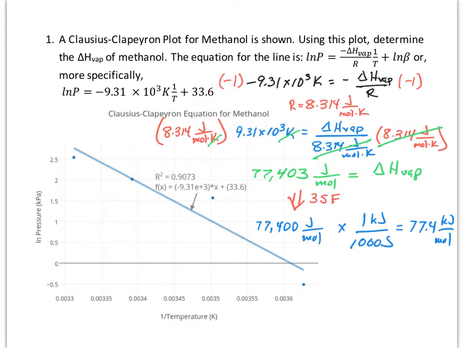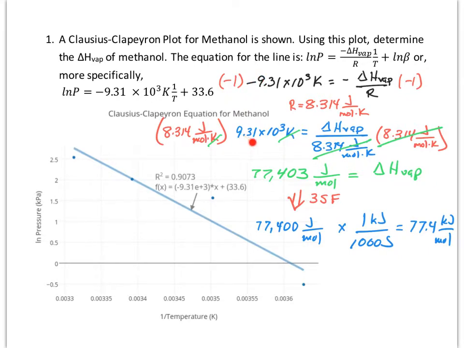So we start off with that slope, negative 9.31 times 10 to the third Kelvin equals negative of the heat of vaporization over R. We're going to multiply both sides by -1 to get rid of the negative on each side.